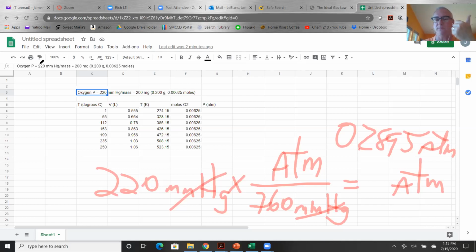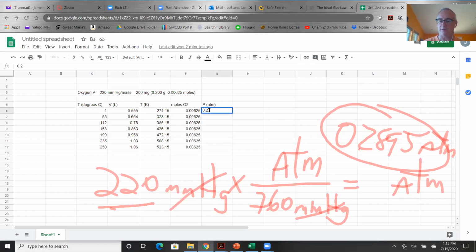Really, there's only two significant digits there, but we'll cheat a little bit because we want at least 3 significant digits for R. So this is 0.2895 atmospheres for everybody. That's going to be the same for everybody.